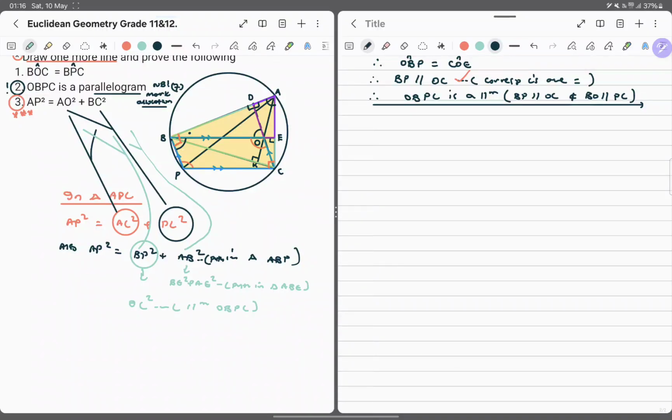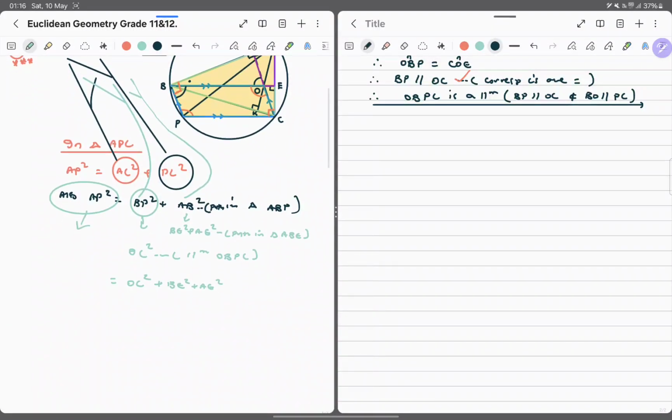Okay, so literally in here we've got OC squared plus BE squared plus AE squared. So it looks like we're working here. All right, so let's just keep going.